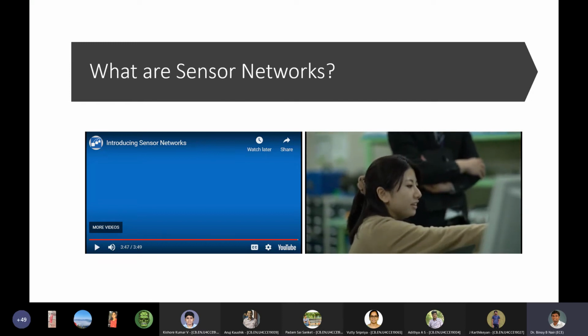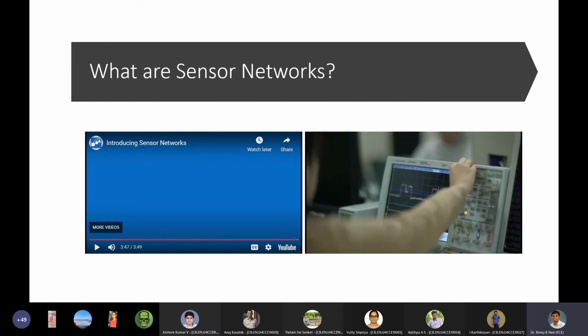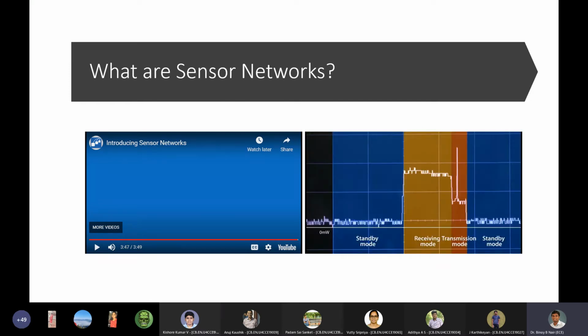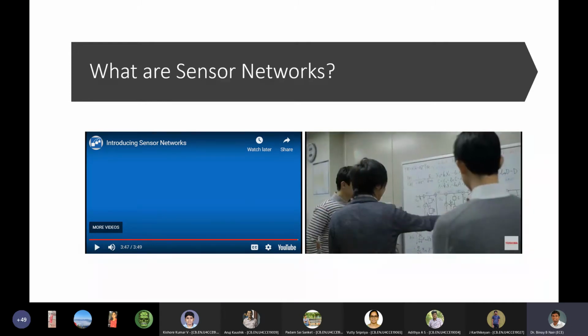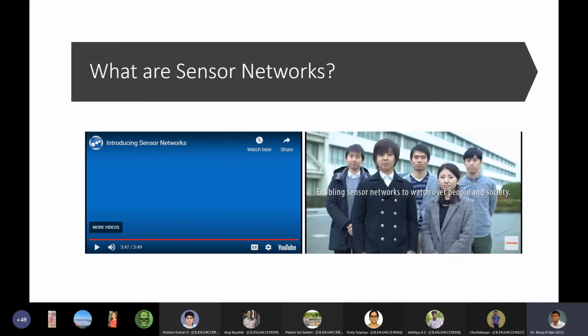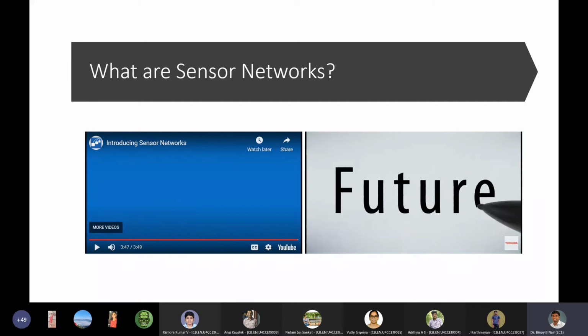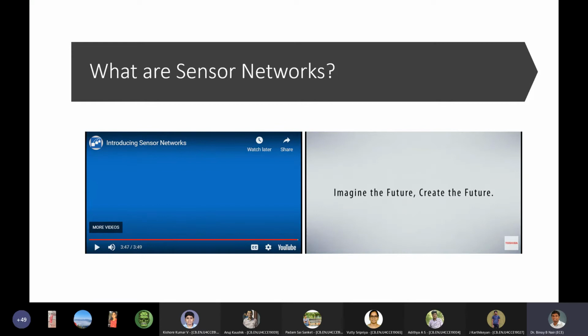The network also minimizes standby power based on communication conditions, so that wireless communication can be maintained for long periods using batteries alone. Enabling sensor networks to watch over people and society. Imagine the future. Create the future.